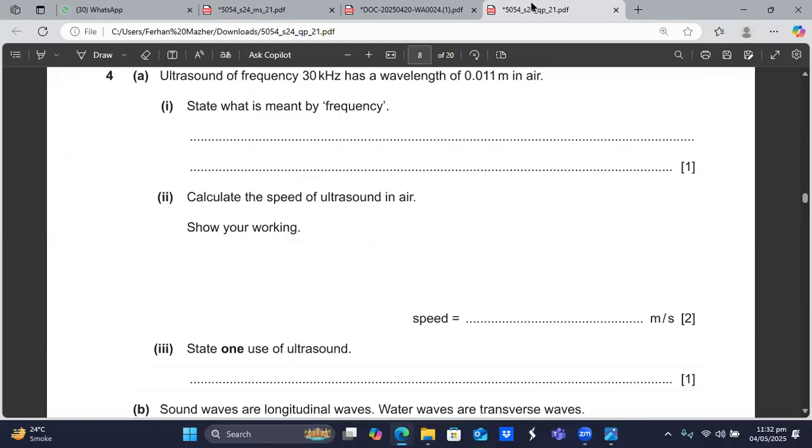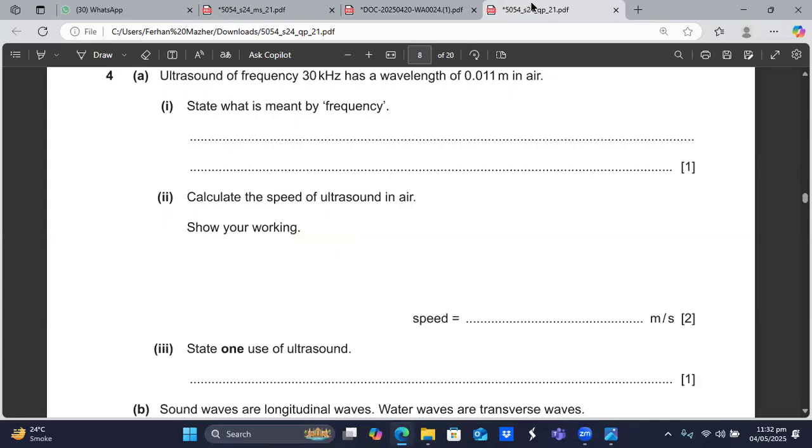Question number 4, second part: calculate the speed of the ultrasound in the air. Show your working. We know the frequency of the ultrasound is 30 kilohertz, which means 30,000 hertz, and the wavelength is 0.011 meters. Lambda is given, frequency is given.